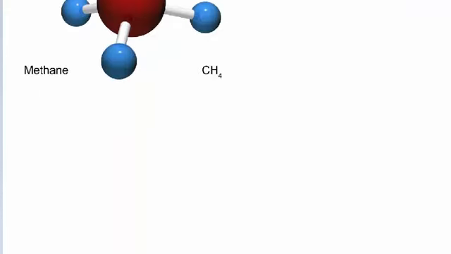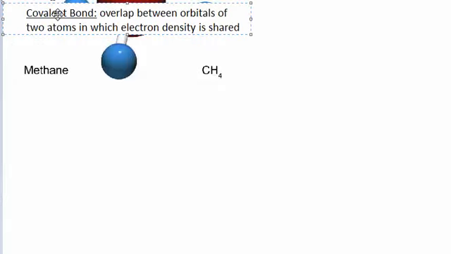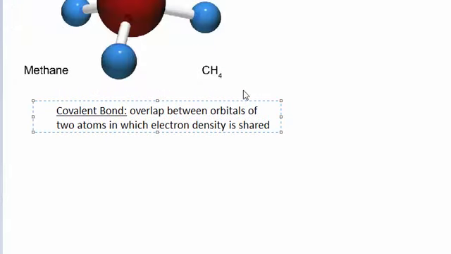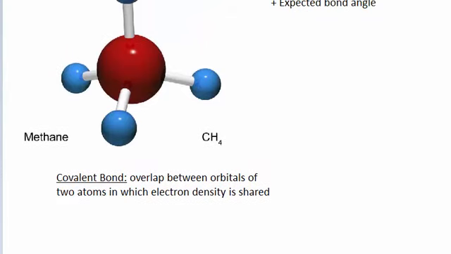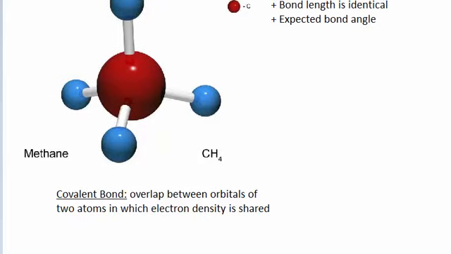Okay, so let's briefly talk about what we mean by bonding, which seems very basic, but it's deceivingly basic. A covalent bond is the overlap between orbitals of 2 atoms, in which electron density is shared.